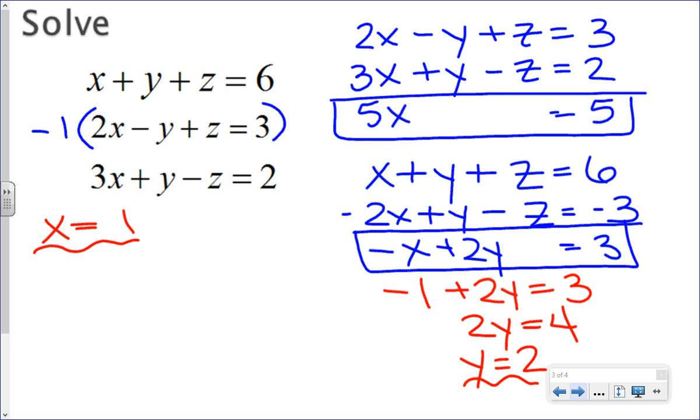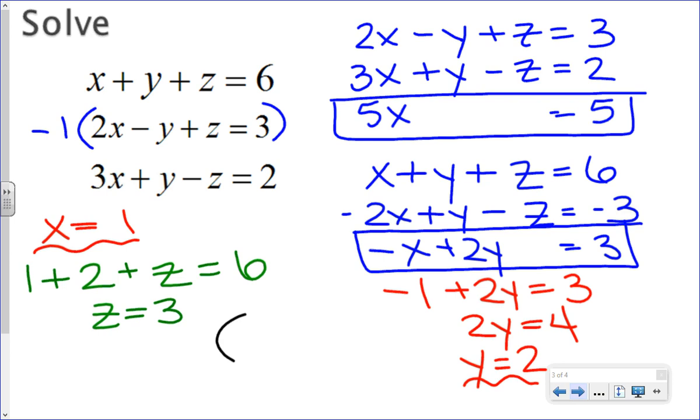Sure, the top one. So x plus y plus z equals 6. What is z? Well, that's a nice answer, huh? Our coordinate is 1, 2, 3.